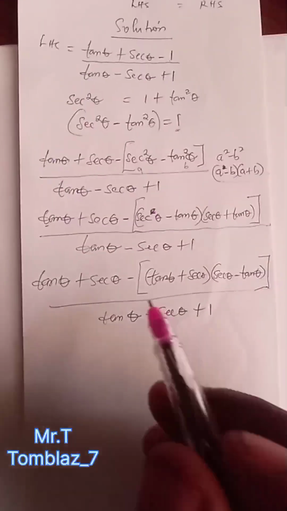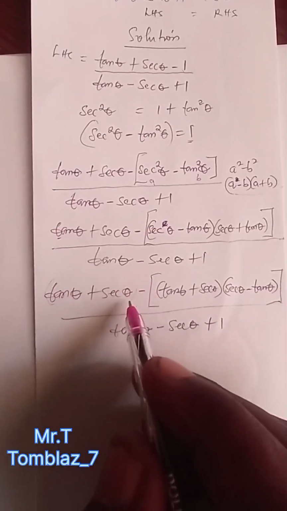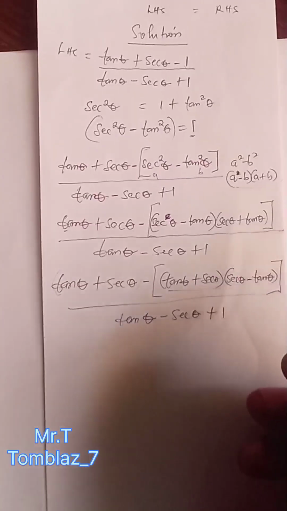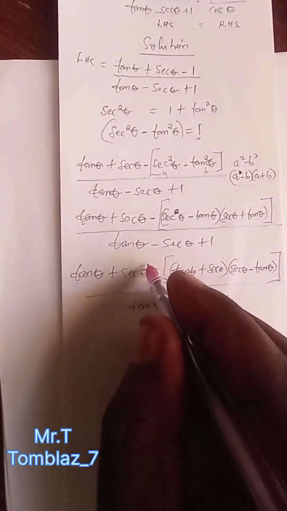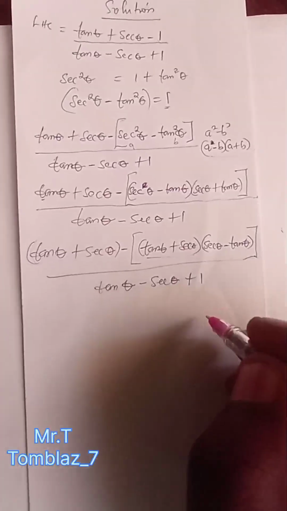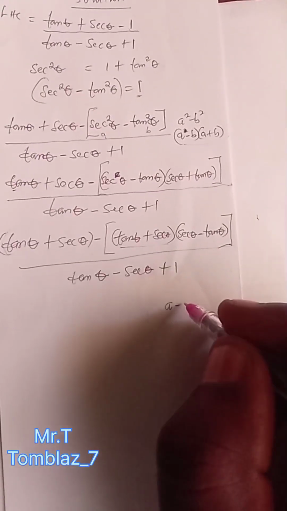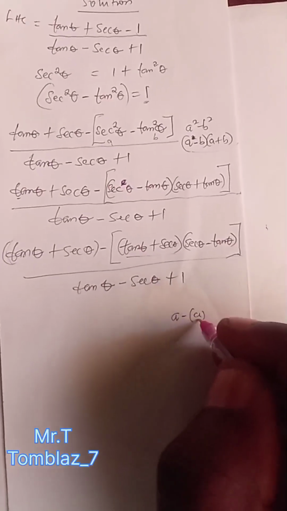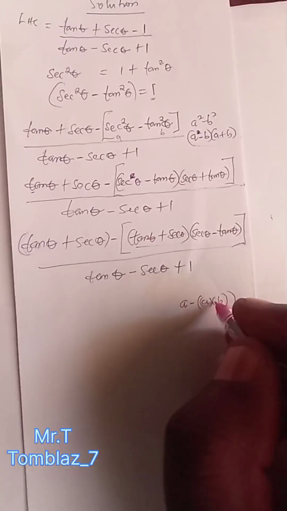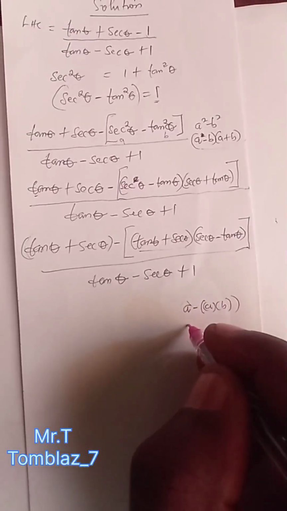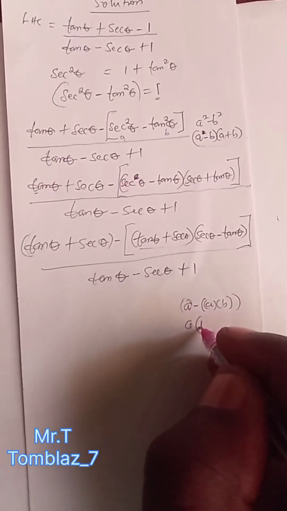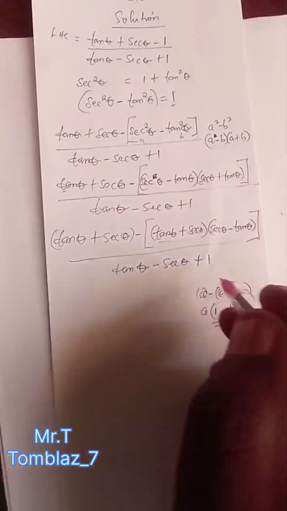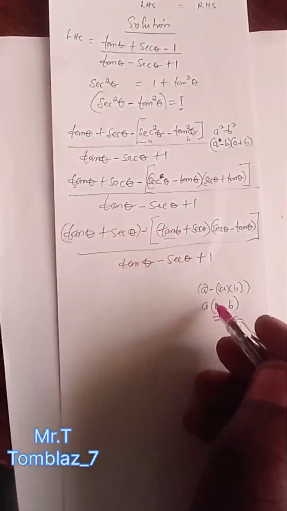Now looking at this value here, you have the same value here. That means we can factorize. If I call the whole of this a, then I have a minus, and inside brackets I have the same a times b. That means I can factorize, since a is common. I'll have a into (1 minus b).